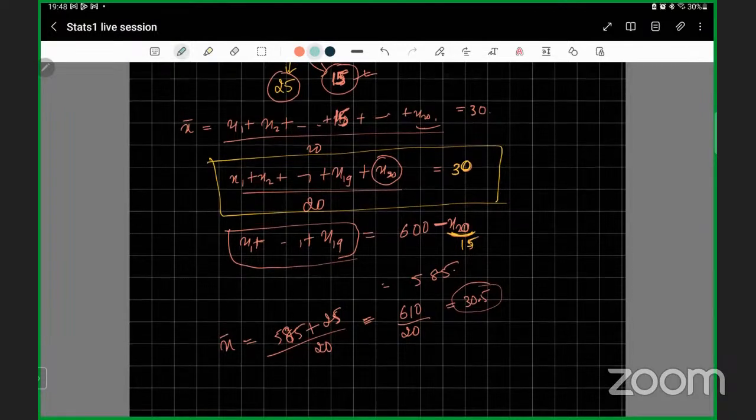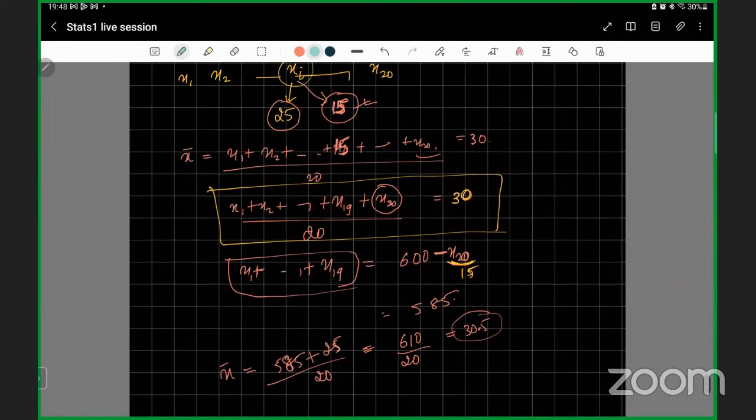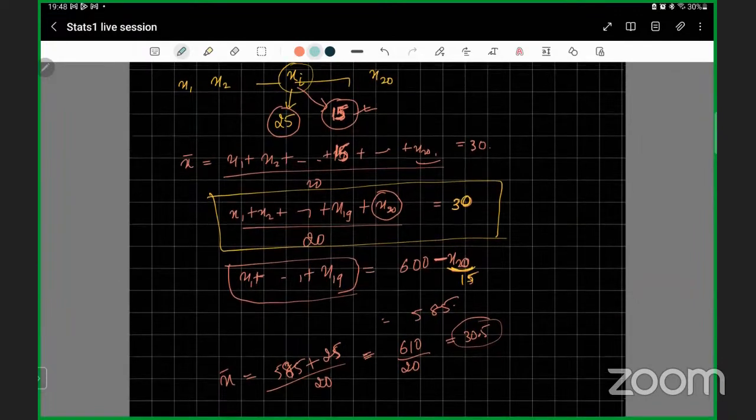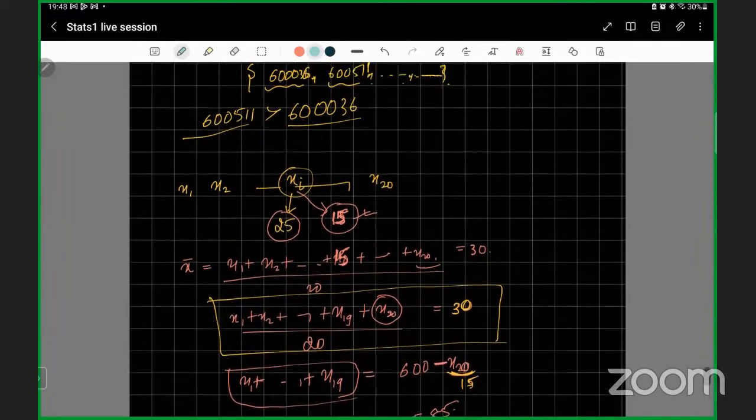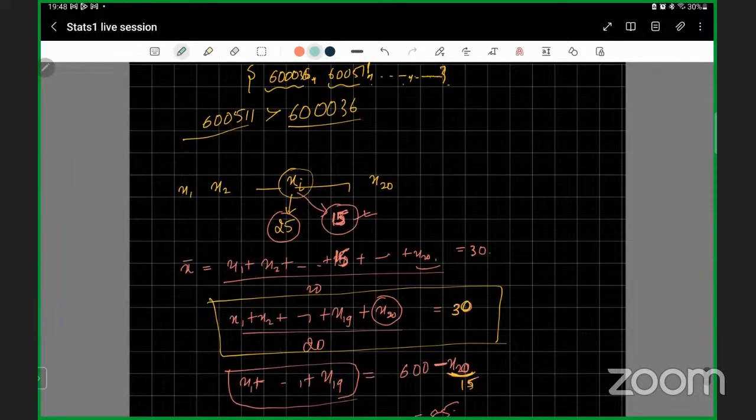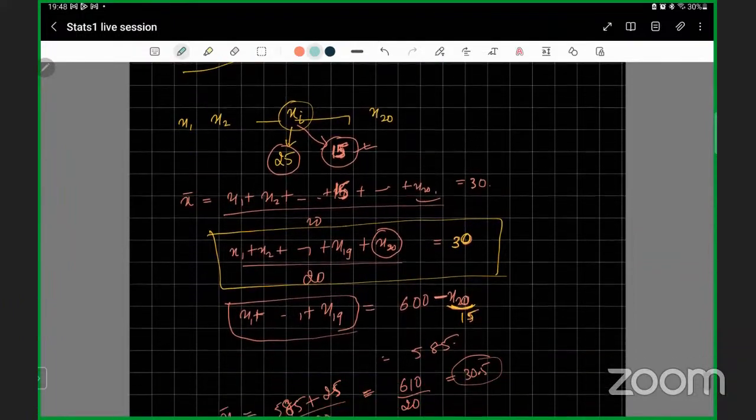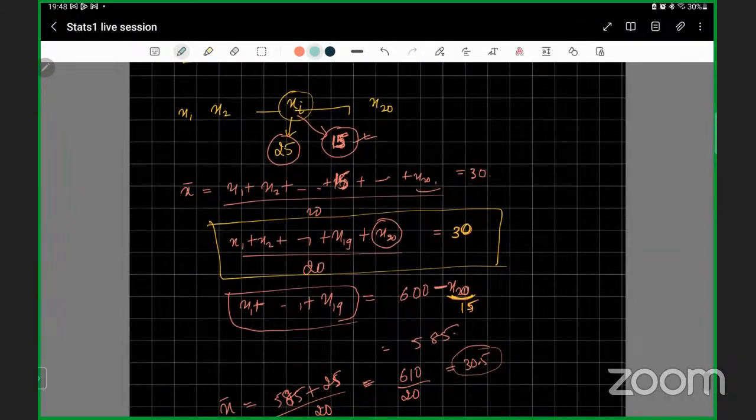Is there any process we need to follow for that kind of question? The same process can be used.